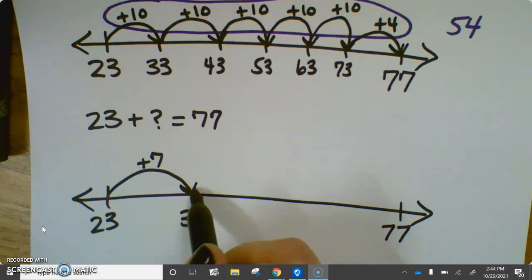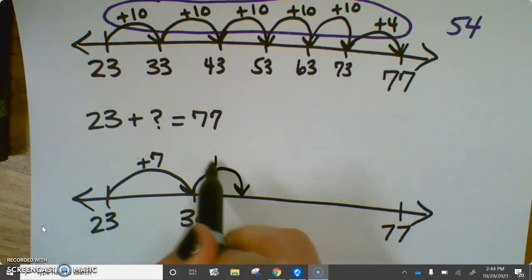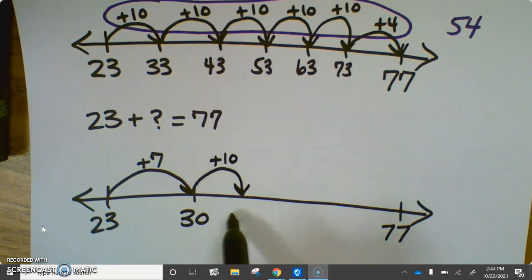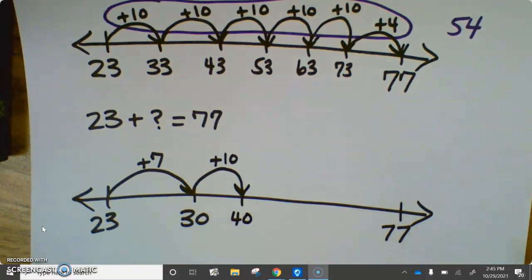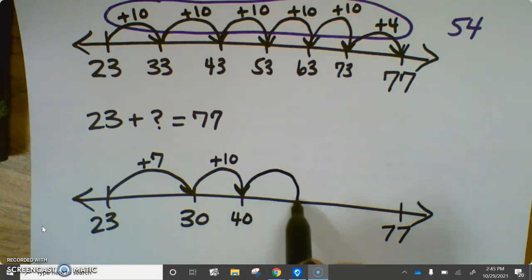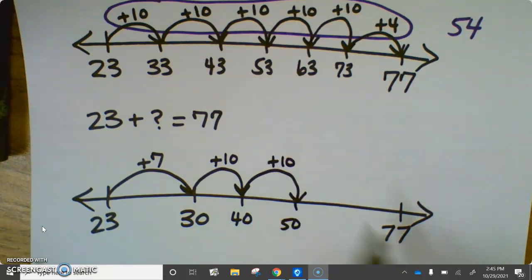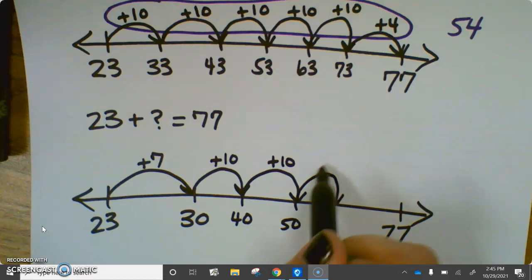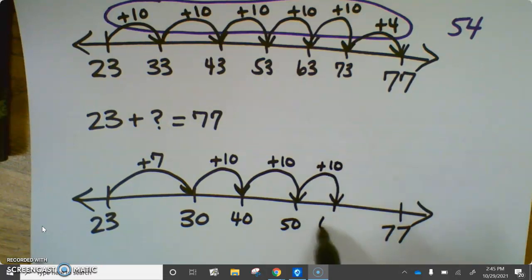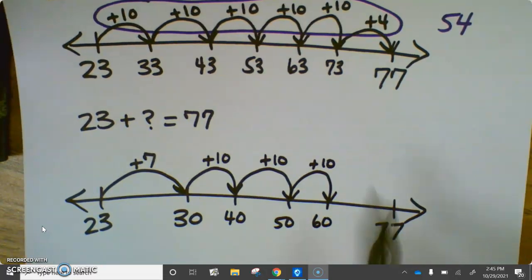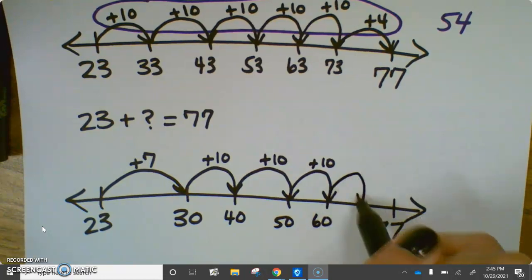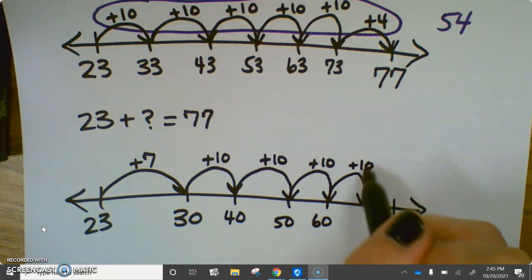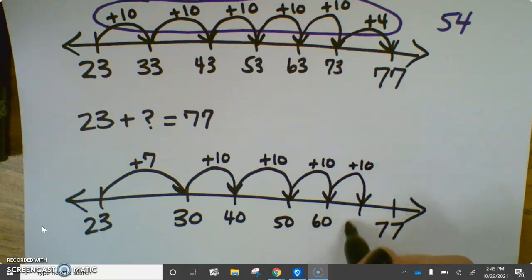So we're going to say 30 plus 10 is 40, okay? 40 plus 10 more gets us to 50. 50 plus 10 more gets us to 60. Okay, we're getting close. I can still add another 10 because that will get me to 70.